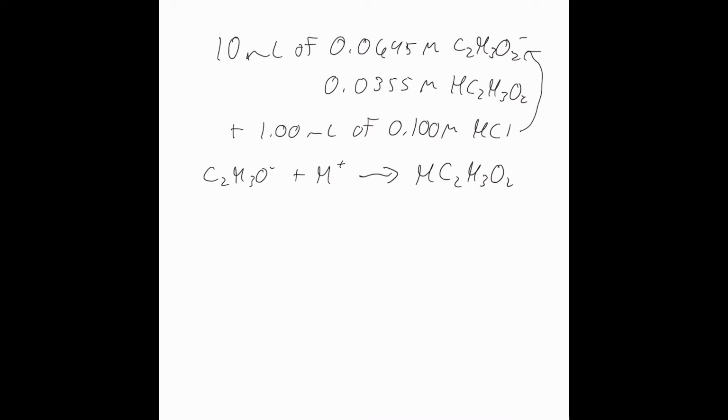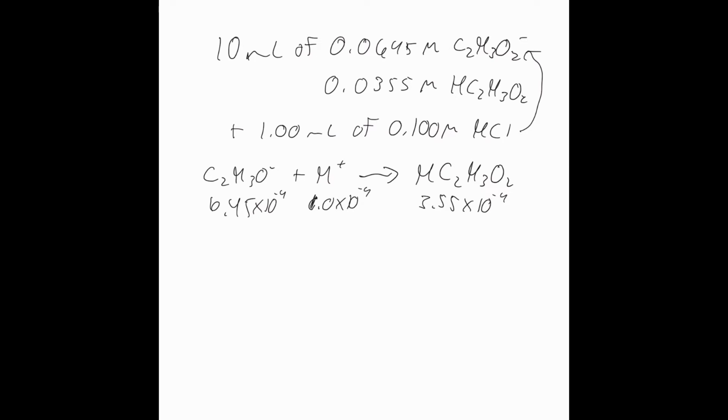So let's start with our moles. We have 6.45 times 10 to the minus 4 moles of acetate, and then we have 3.55 times 10 to the minus 4 moles of acetic acid, and then we have 1.0 times 10 to the minus 4 moles of H+ added.